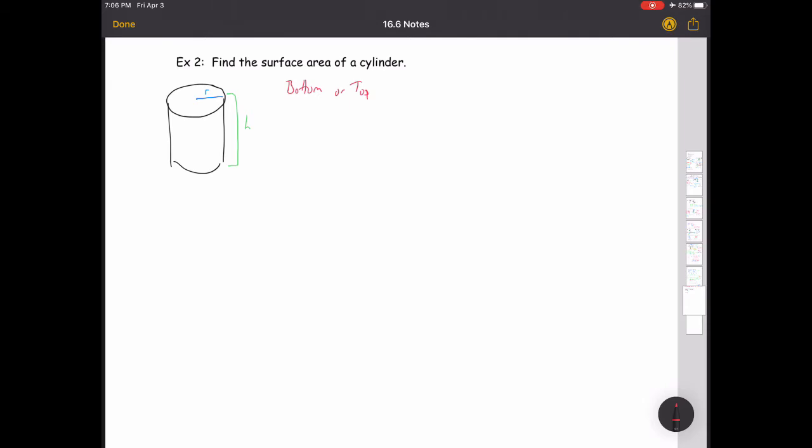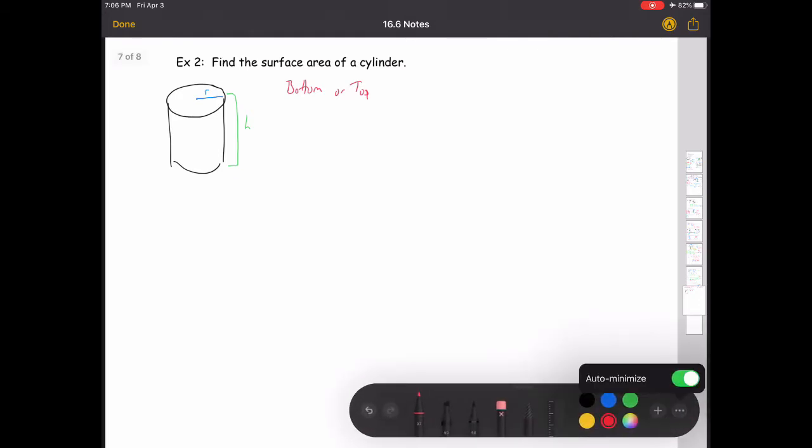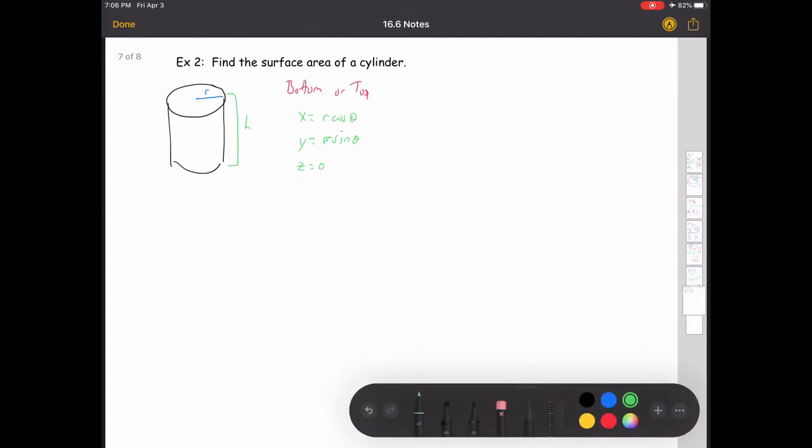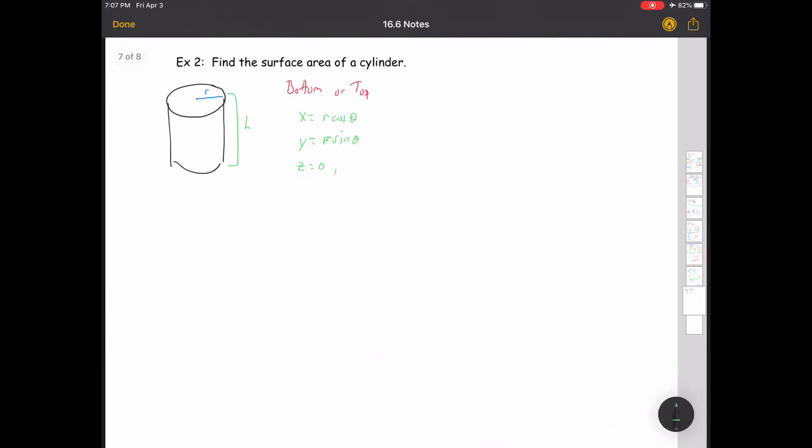It's circular, so we're going to go ahead and parameterize these in polar. x is going to be r cosine theta, y is going to be r sine theta, and if it's the bottom, z would be 0, and if it's the top, z is going to be whatever the height is.